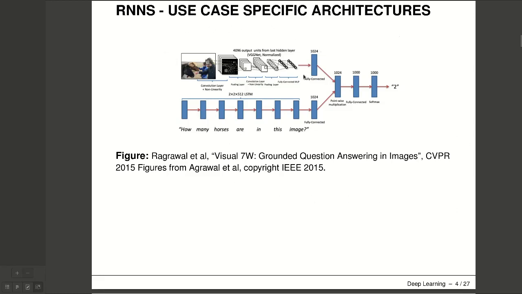Afterward, for the first path, we have an embedding vector with a size of 1024 from the image, and a similar size one from the text or question, and then we combine them. One of the novelties here is that they did this using pointwise multiplication, and afterwards they have one fully connected layer and softmax. For example, in this figure we would like to know how many horses are in this image, and the answer is 2.